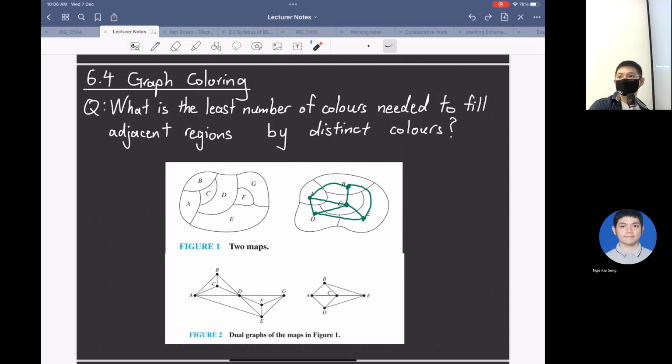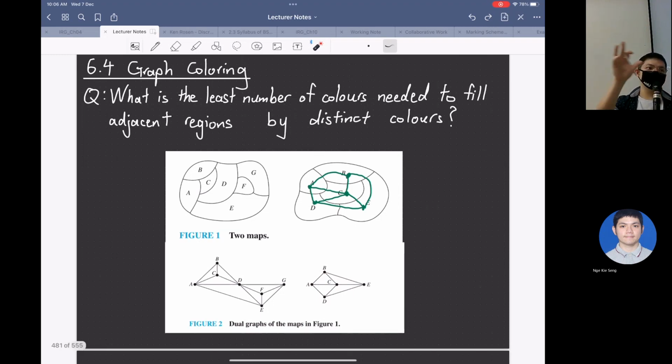Actually, we encountered this before. This is the bipartite graph. How do you determine a bipartite graph? If you can color adjacent vertices with 2 colors, bipartite. Remember? Bipartite graph, you can color adjacent vertices with 2 colors.